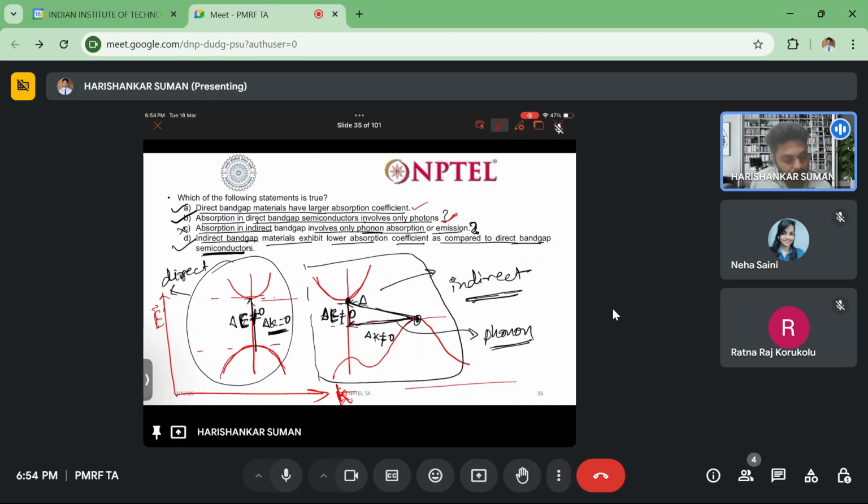Indirect band gap material exhibits a lower absorption coefficient as compared to a direct band gap semiconductor. Absorption in indirect band gap involves only phonon absorption and emission. Not only phonons but also photons.